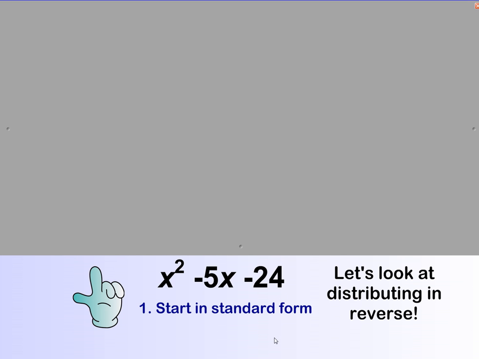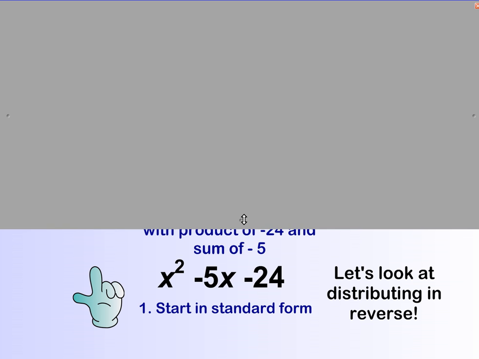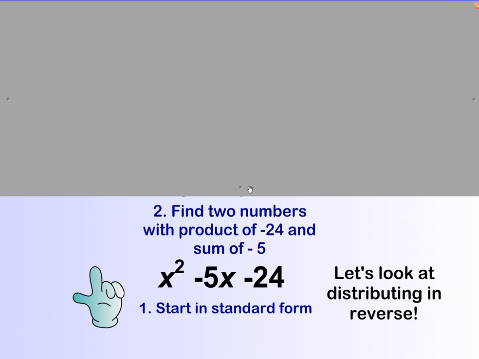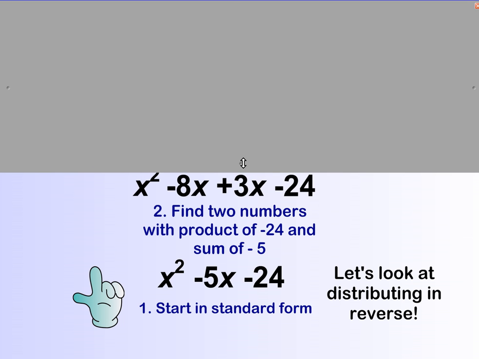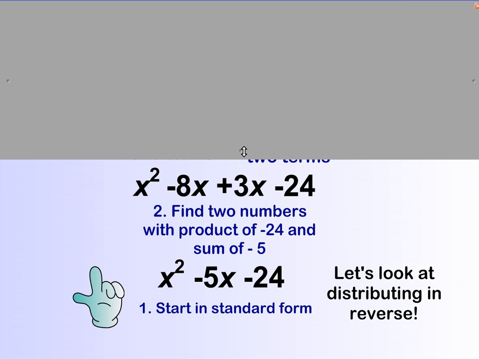So here's an example of how we can distribute in reverse, or undistribute, which is what we're doing when we factor. We start with the standard form, so we get x squared minus 5x minus 24. Then we want to find two numbers with the product of negative 24 and sum of negative 5. Those two numbers are here, x squared minus 8x plus 3x minus 24.